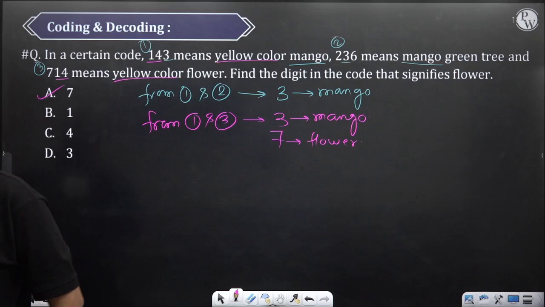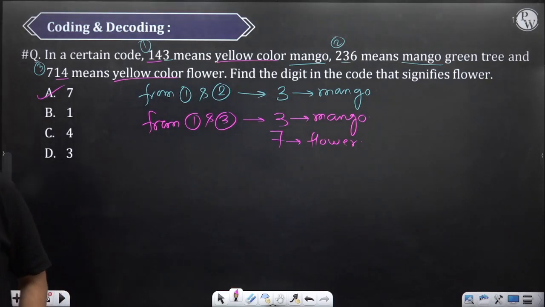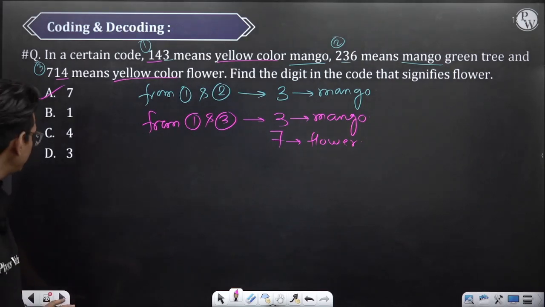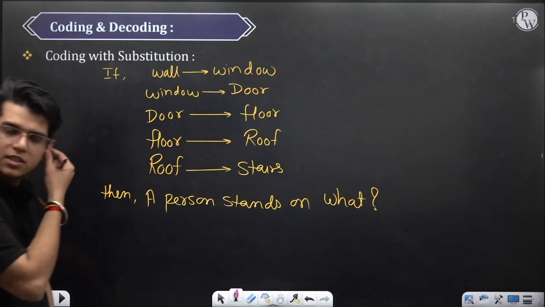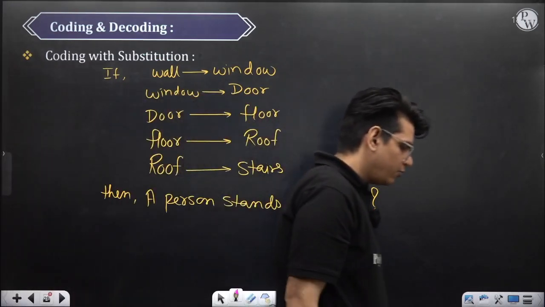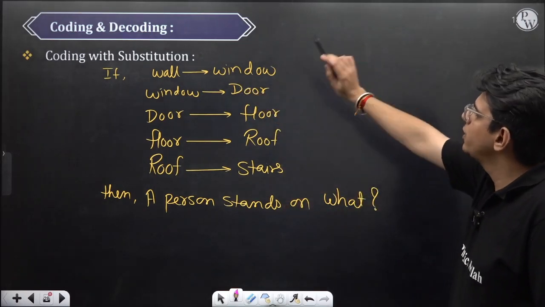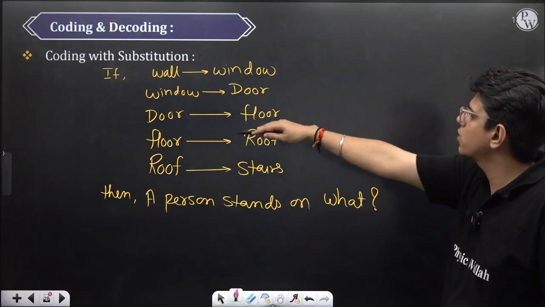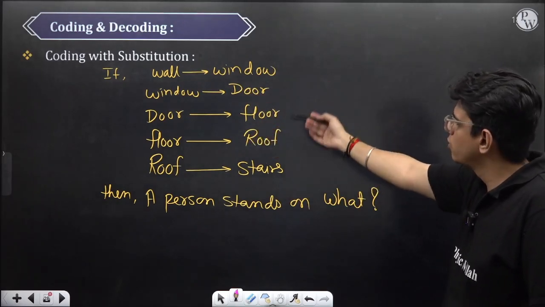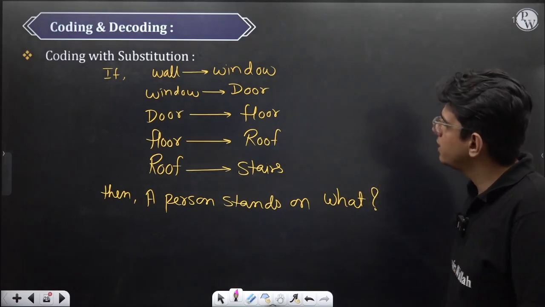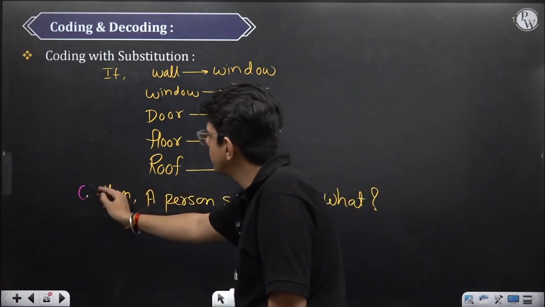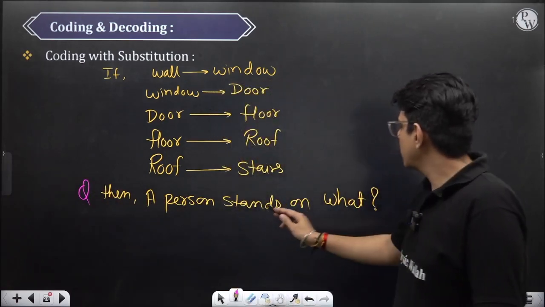After this, we will see coding with substitution and coding with conditions. So now next is coding with substitution. In these types of questions, we follow series type of coding. Wall is called windows. Windows are called doors. Doors are called floors. Floors are called roof. Roofs are called stairs. Then the question is, a person stands on what?